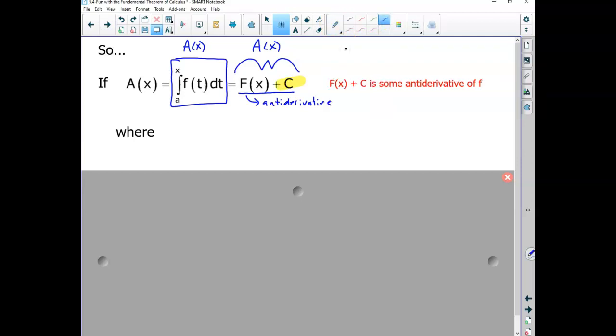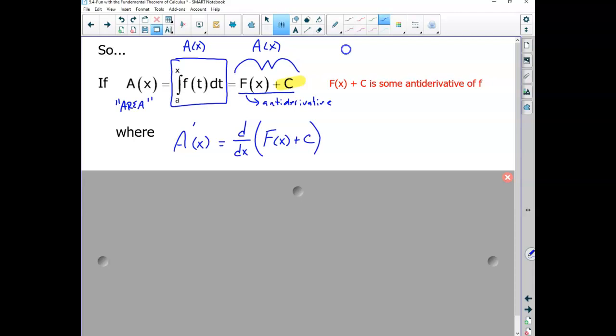We've been asking, hey, where does that come from? So that is where our A prime of x equals d/dx of F of x plus c. All I'm doing is replacing a little bit in there. Remember, this is our "area function", and I'm putting that in quotes.